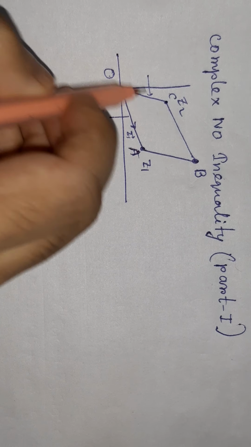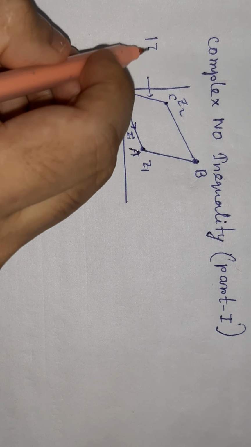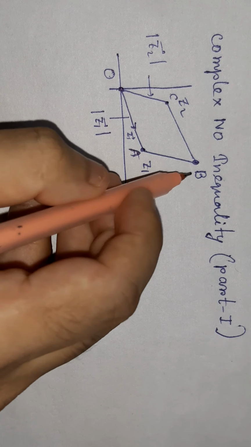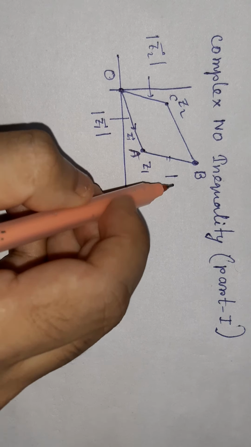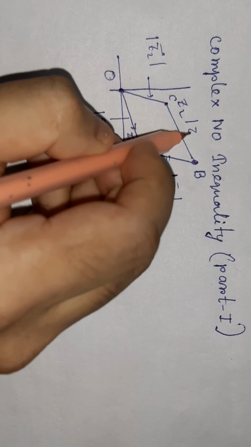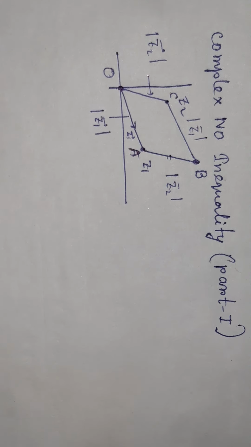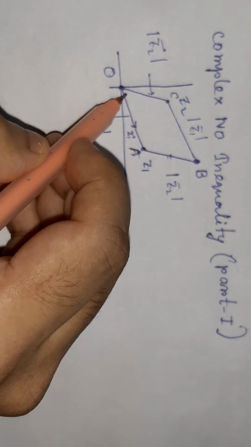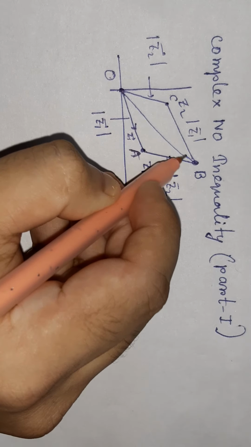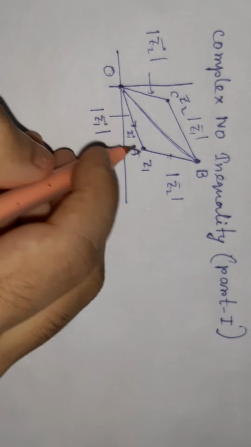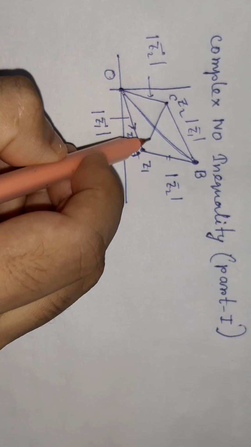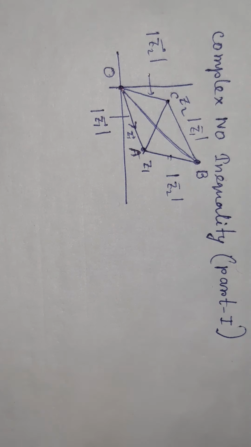Similarly, this is the modulus of Z2, and for AB also, this is modulus of Z2, and this is also modulus of Z1. And you can connect the diagonals, that is OB and also AC, to make it complete.